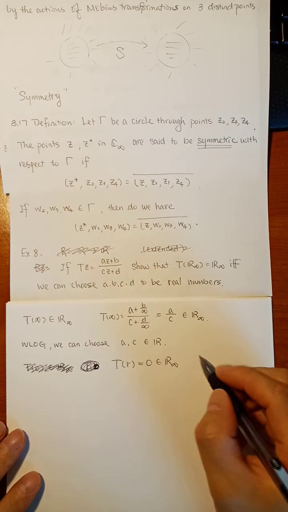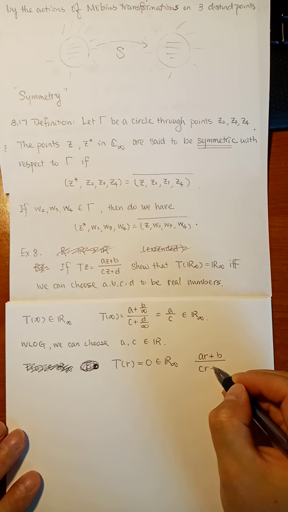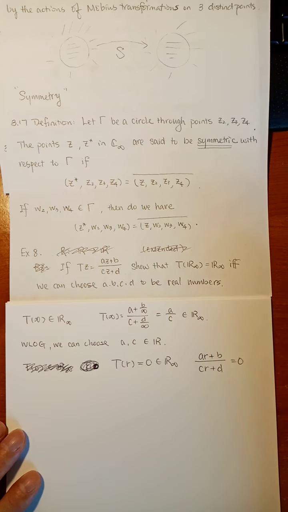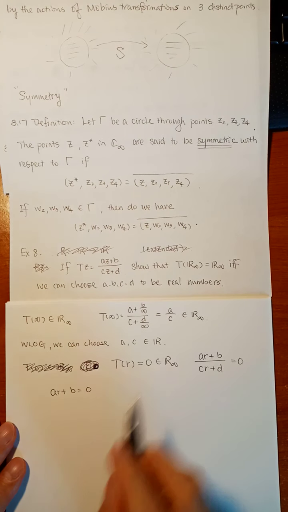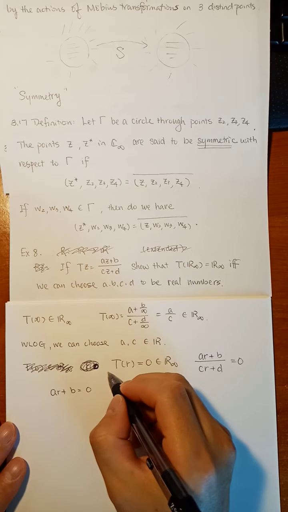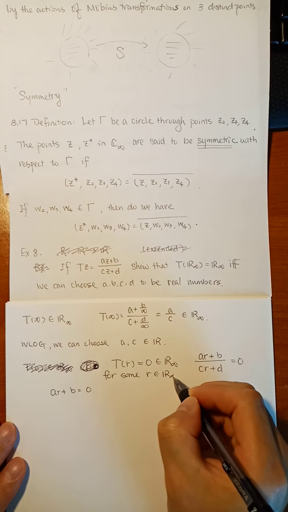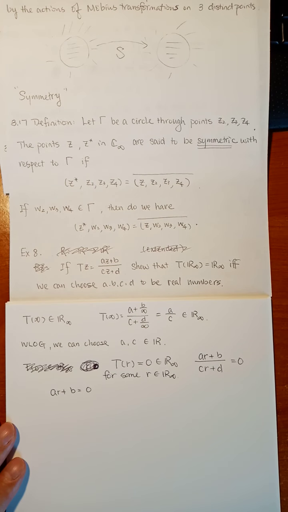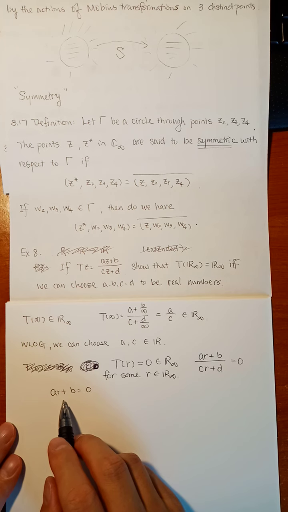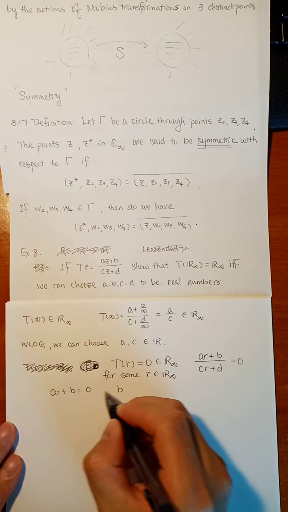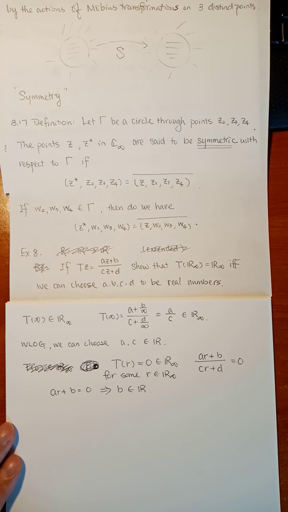Our ratio is 0, so we get (ar plus b) over (cr plus d) equal to 0. So you get ar plus b equal to 0, for some r in R. Okay, so this implies b belongs to R. b is a real number.